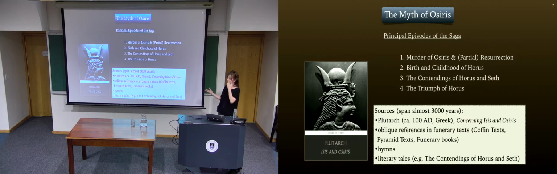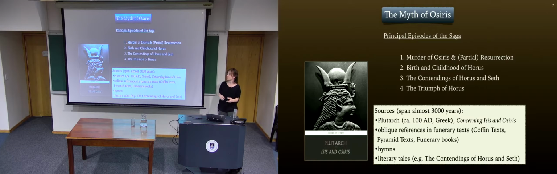And so the longest and most complete version is written by Plutarch, who was a Greek philosopher and historian living at the time of the Roman Empire. And he wrote a very long book about Isis and Osiris. It's translated, you can buy it also on Amazon and wade your way through it. It's quite interesting.